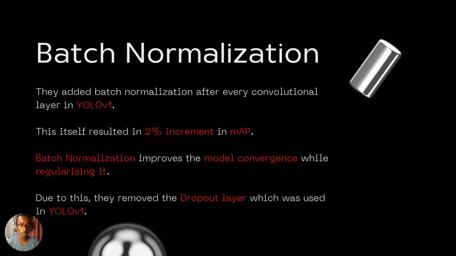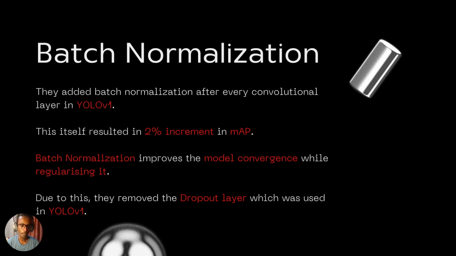In YOLO v2, they added batch normalization after every convolutional layer, and this itself resulted in an increment of 2% in the mean average precision. So it gave them a boost just by introducing batch normalization.